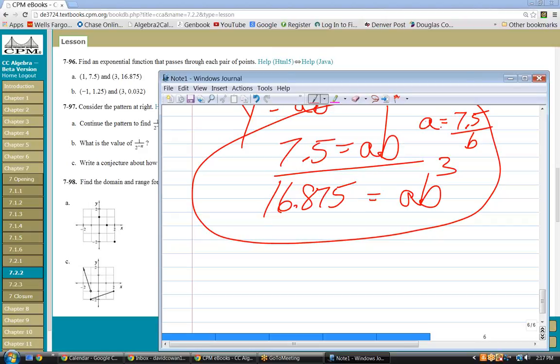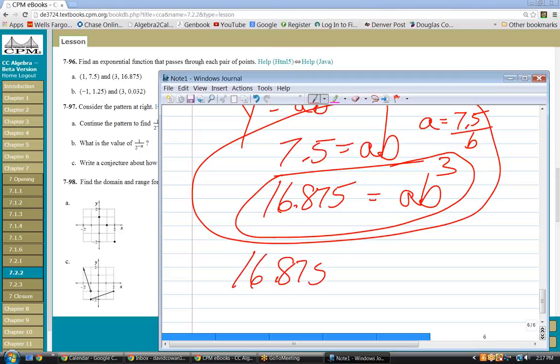Now that I've solved for A as a function of B, I can substitute it into this equation and solve for B. In other words, I have 16.875 equals, well, instead of A, I'm going to say 7.5 over B. And I still have my B cubed.